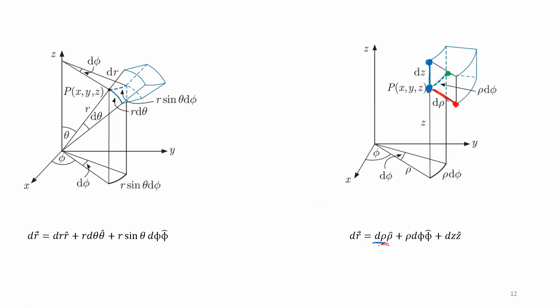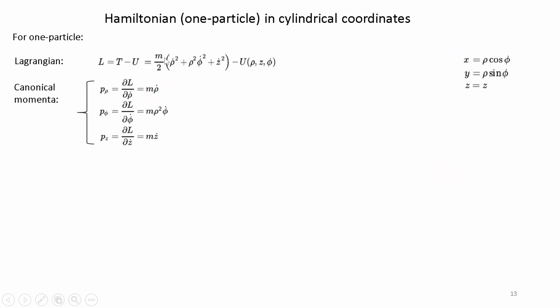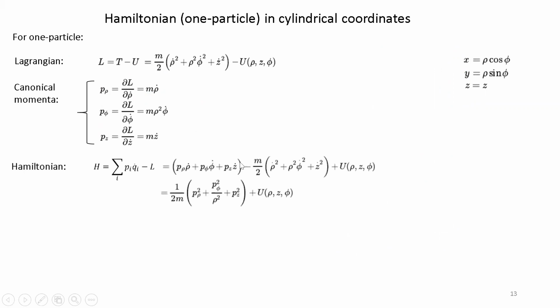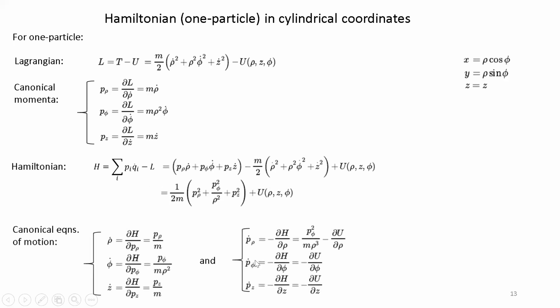So then again, you are going to just do the dr dt, right? So to get the velocity, okay, and then from that, you should be able to find that the kinetic energy looks like this. Okay, same procedures here, so no need to repeat again. And then the Hamiltonian is written like this. And these are the canonical equations of motion.